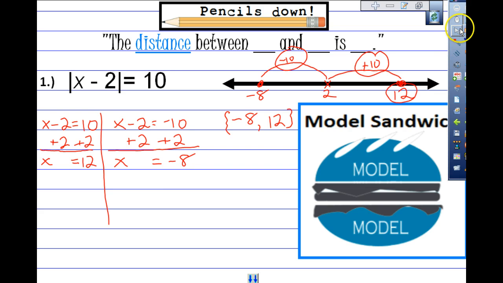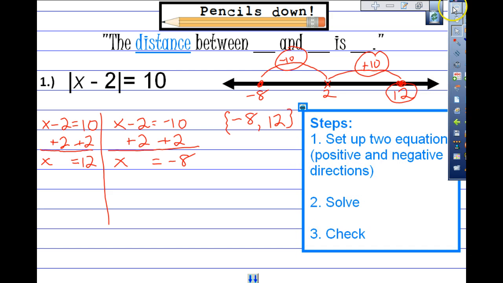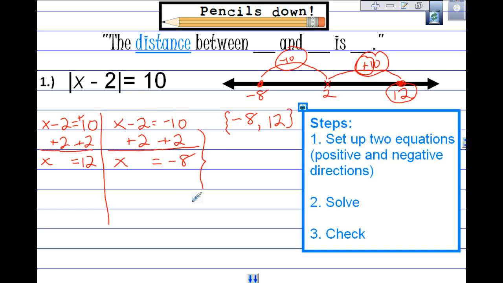So in general, what you can do for each one of these is just set up the two equations. Just realize one's positive, but one goes to the right side, and one's going to be negative, one point to the left side. After that, everything else is review.